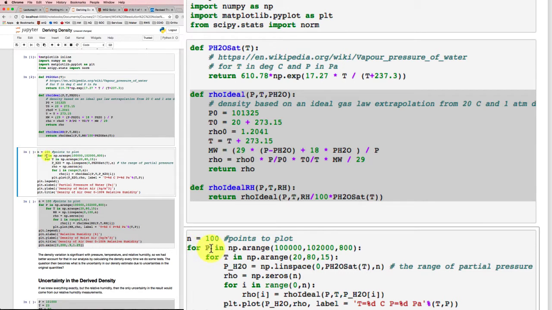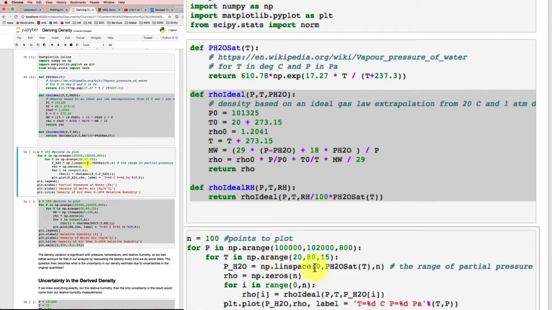I'm going to go over pressure in a NumPy range from 100,000, that's a little less than 1 normal atmosphere, up to 102,000, that's a little more than 1 standard atmosphere. I'm going to go over a range of temperatures from 20 up to 80 degrees Celsius. And then once I'm looking over that range, I'll get the pressure that I'm interested in based on what the saturation pressure is.